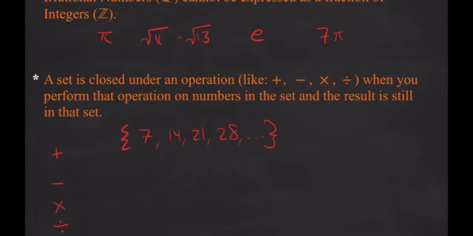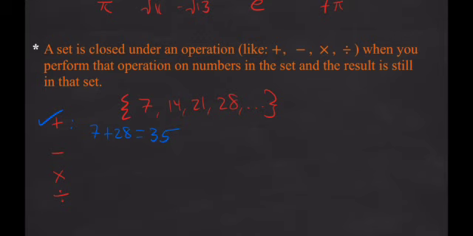Addition. If we took 7 or any of these numbers, for example, let's choose 7 plus 28. 7 plus 28 equals 35. 35 is the next number in the set because this is the multiples of 7, only the positive numbers that are multiples of 7. So for addition, this would be closed. That one would work. For subtraction, if it's only positive, there's an example that shows that this would not be closed.